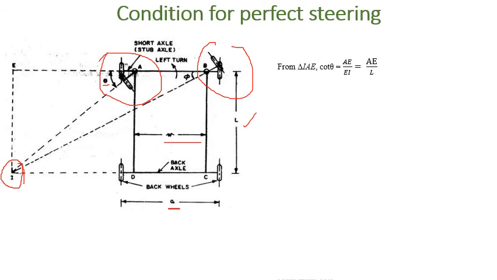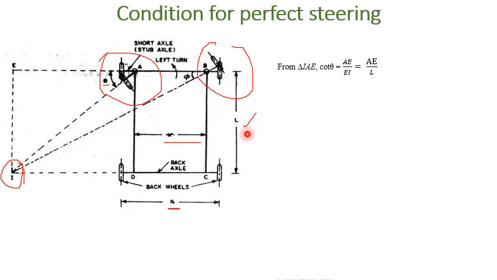Next, I will consider the triangle IAE. In this triangle, I will apply cot theta, because I can measure these lengths, AE and EI. So AE by EI.